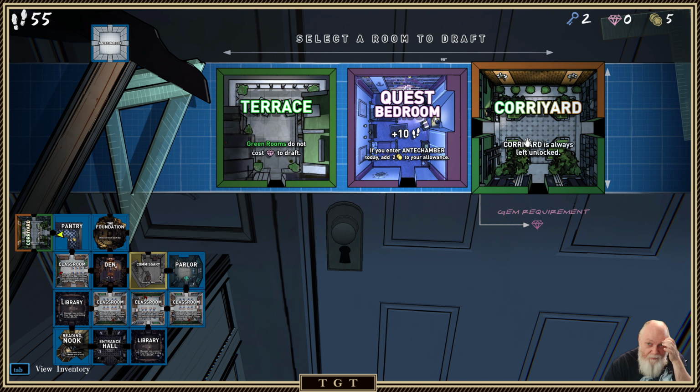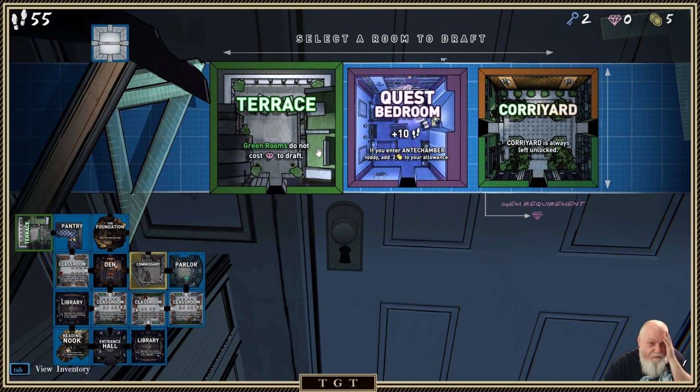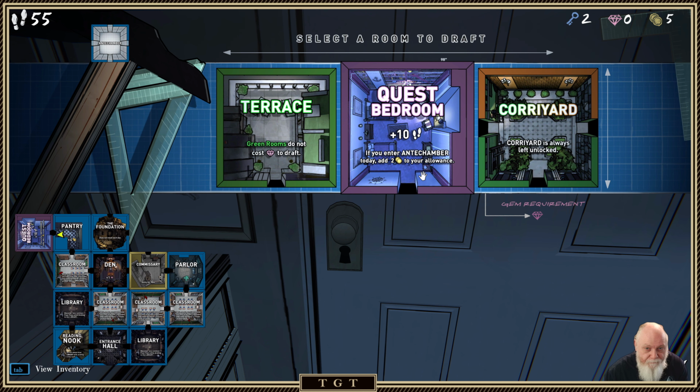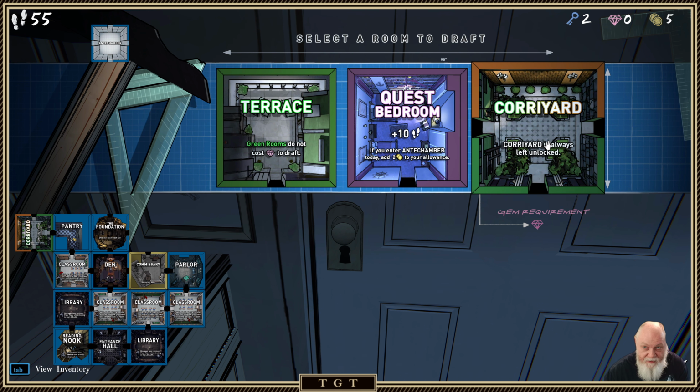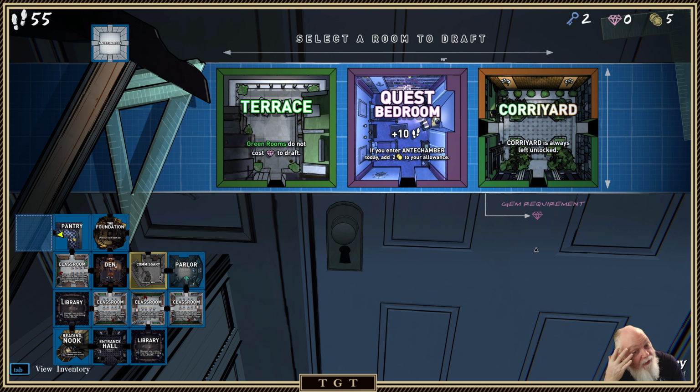See, we don't get to do this, so we're going to dead end. This is so frustrating. There's nothing I can do. That's a dead end. That's a dead end. This requires a gem I don't have. I tried. I so wanted that trunk to have a gem.